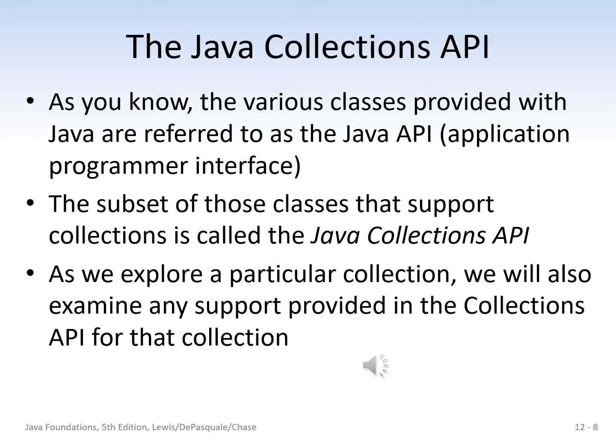And as we start to analyze and implement a particular collection, we'll also review all the support provided in the Collections API for that particular collection, such as the stack, which will be the first collection we're going to work with.